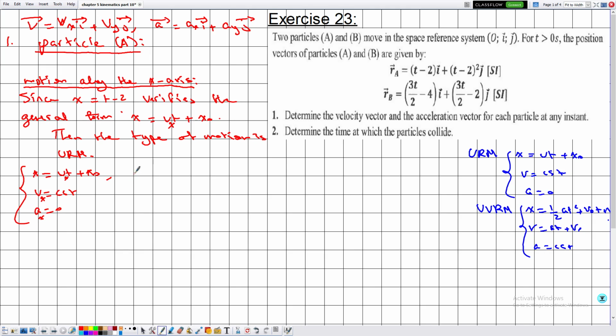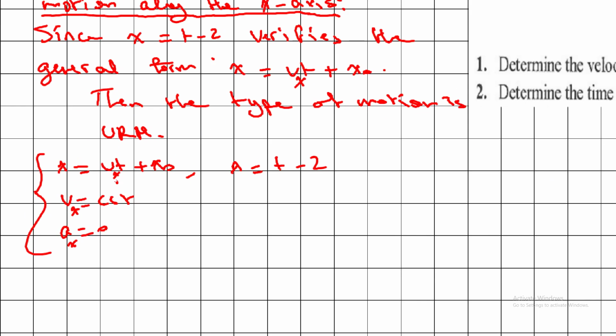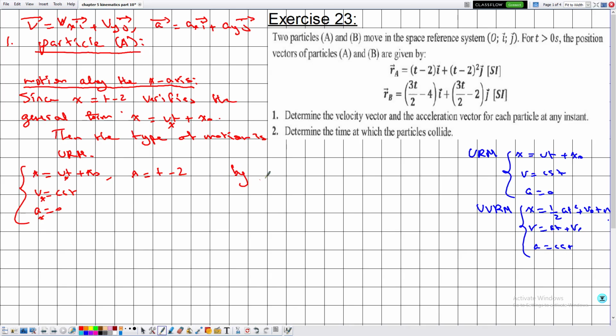In this case the given form is x equal to t minus 2. Comparing linear terms, we can see that vx is equal to 1 meter per second. And because we are interested in the acceleration, ax is equal to 0. So this is for the x-axis for particle A.